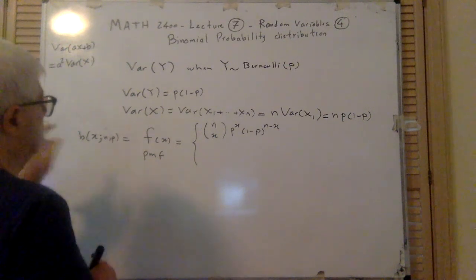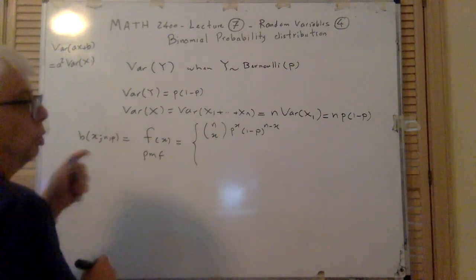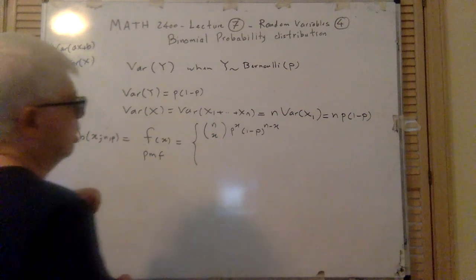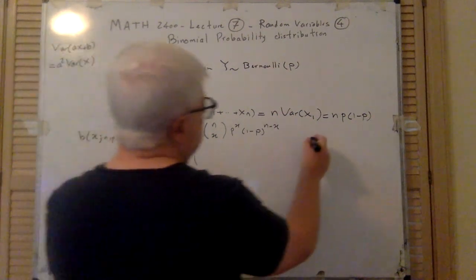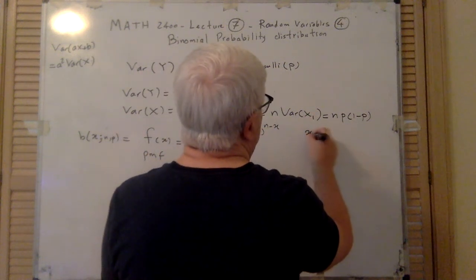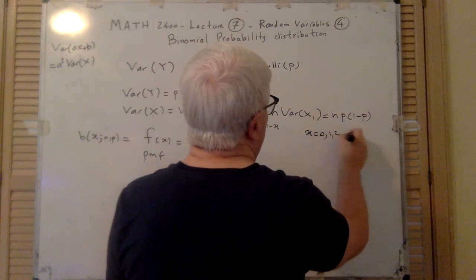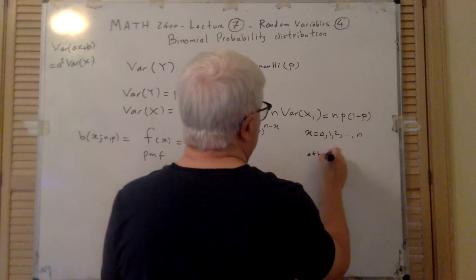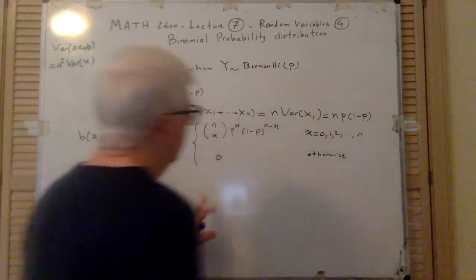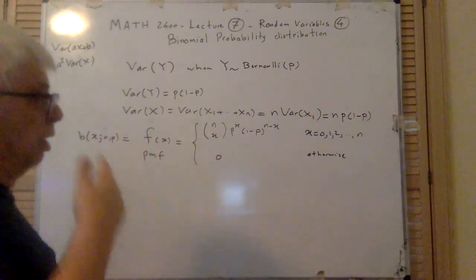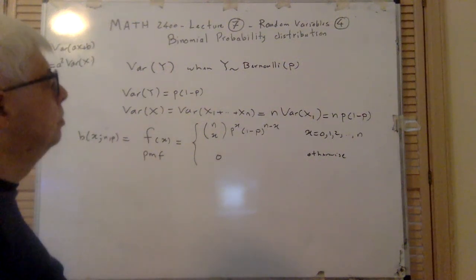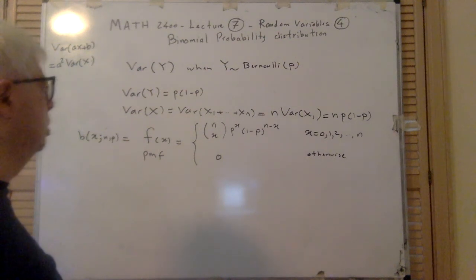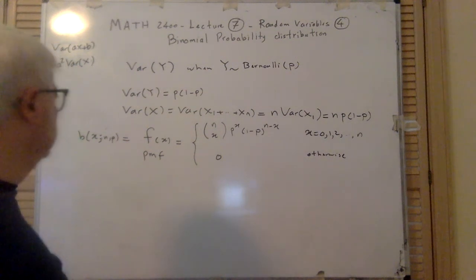Now, on your calculator, you will probably find it as binomial pdf or something like that. I can't remember. This is when x is an integer, 0, 1, 2, up to n, and 0 otherwise. When I find my calculator, I will tell you what it is.